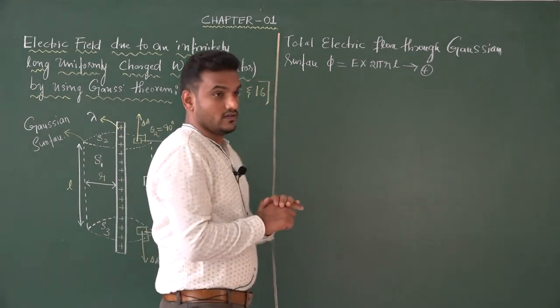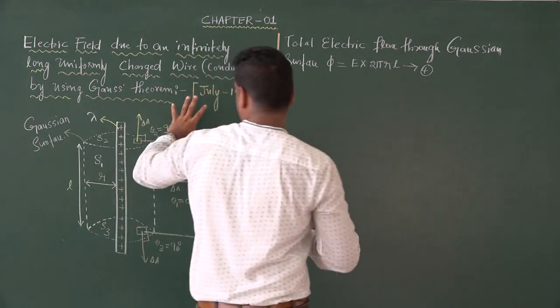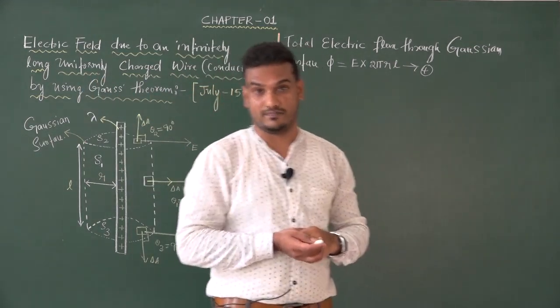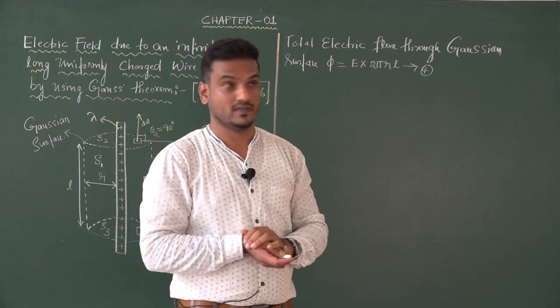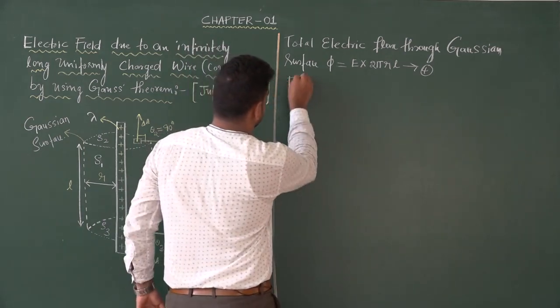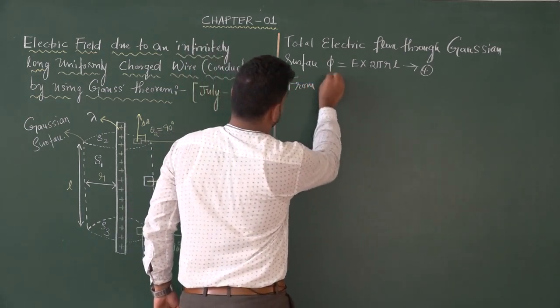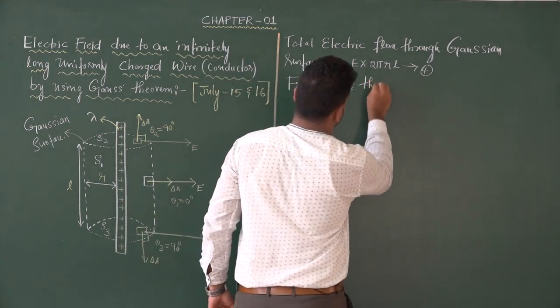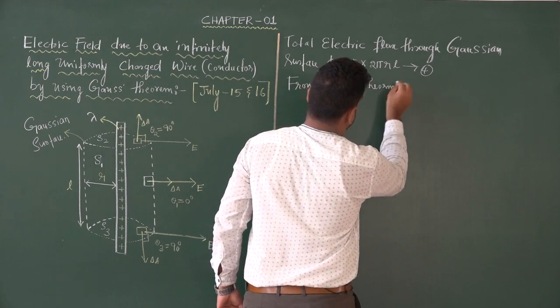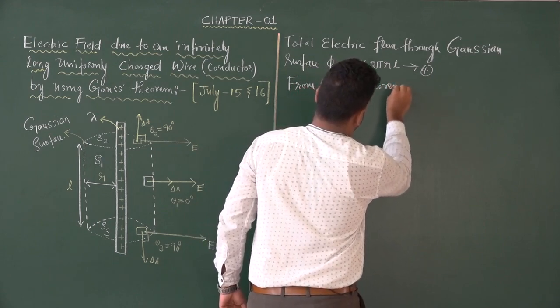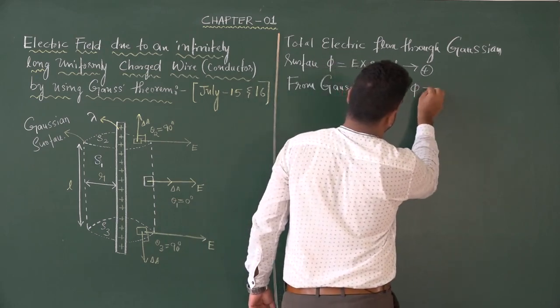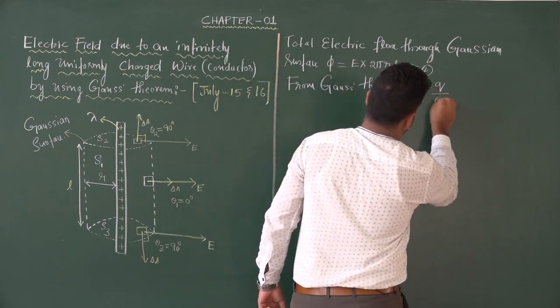Now, since we are deriving by using Gauss theorem, we must know the equation for the Gauss theorem. What is the equation from Gauss theorem? Phi is equal to Q by epsilon naught.